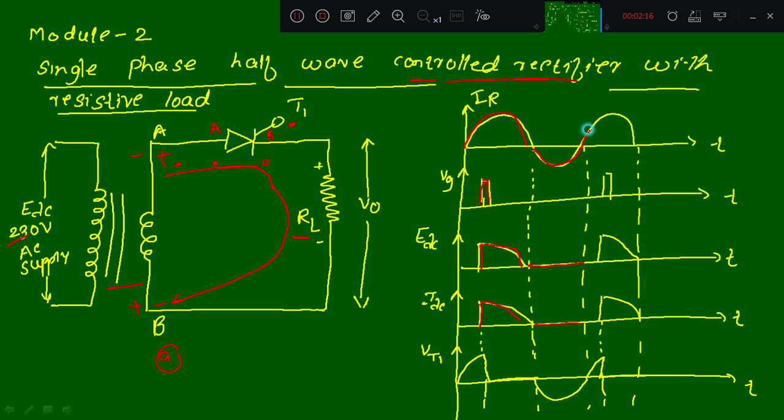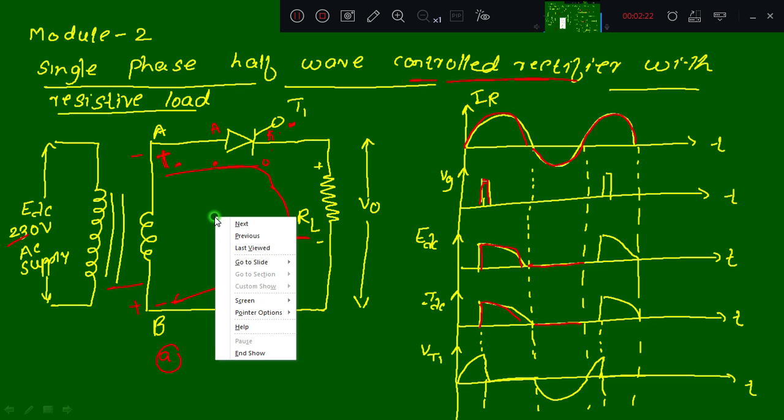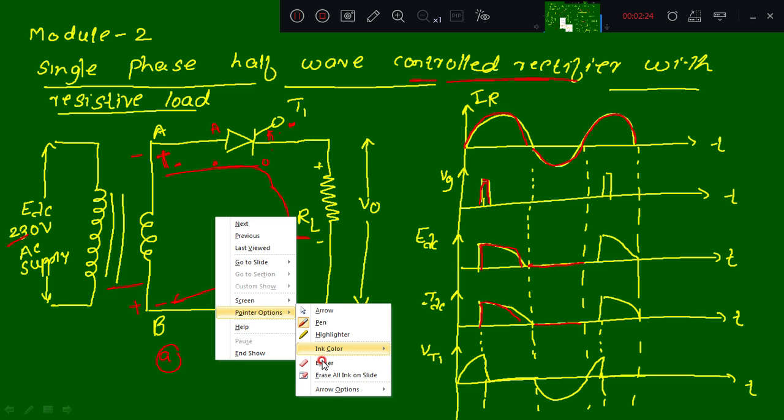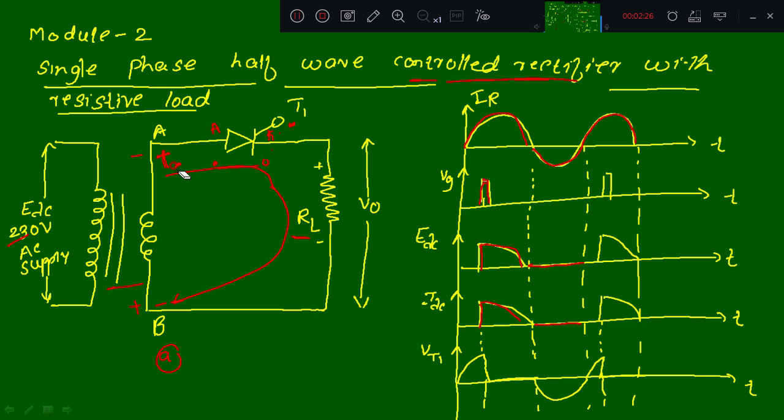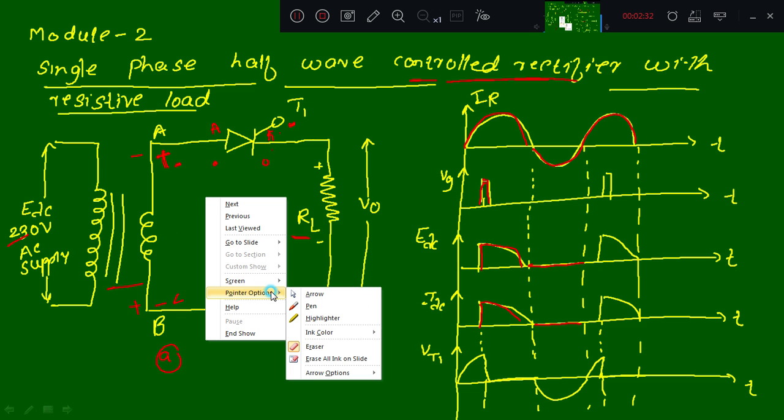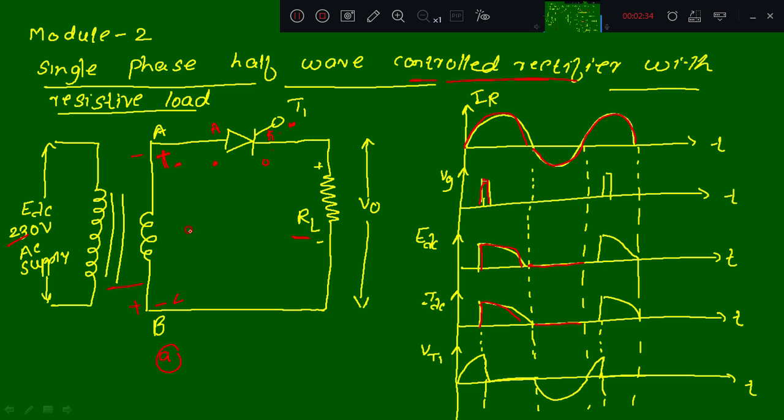Again for the next half cycle, this end is positive and this end is negative.